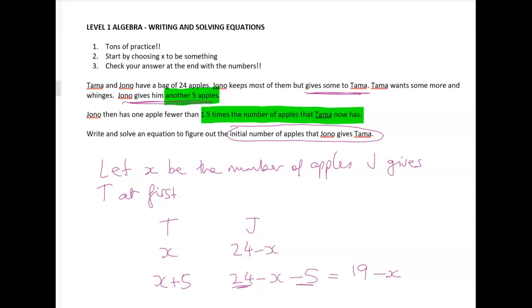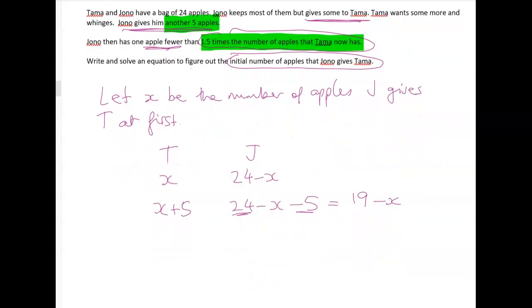Then we're told that Jono has got 1 apple fewer than 1.5 times the number of apples that Tama now has. So that means that we can write our equation, and we've got this 1.5 times x plus 5. So that's what Tama's got. And what Jono's got is not the same as that.